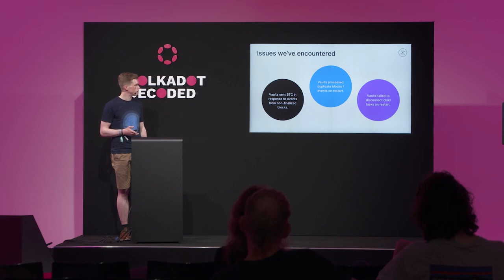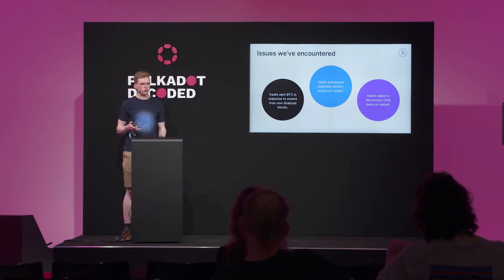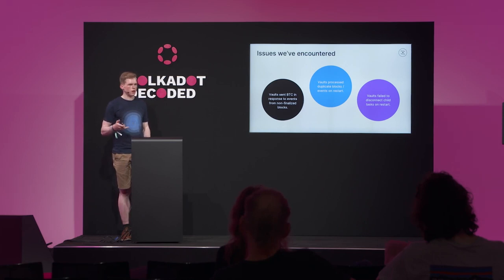Likewise, we had some restart logic, and we discovered that vaults process duplicate events on restart. So whenever the vault failed and would restart, we would subscribe to a previous block height. We would just subscribe to the current block height, and that wouldn't always take +1. It might accidentally reprocess events as processed.